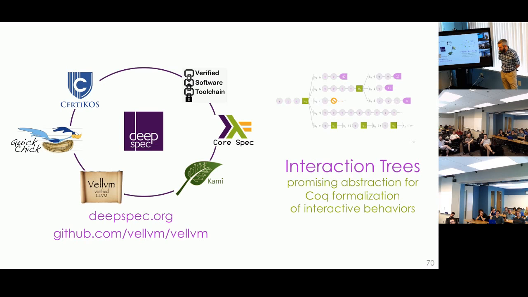Gregory Malecha has also been involved in these interaction trees, and he has observed that you can treat some kinds of effects compositionally. Not everything; I'm not sure you would be able to do effect handlers in that way.